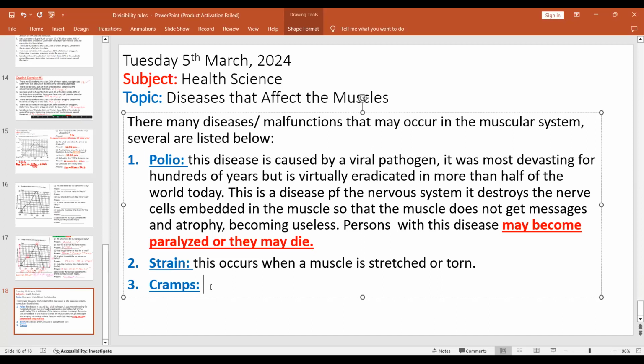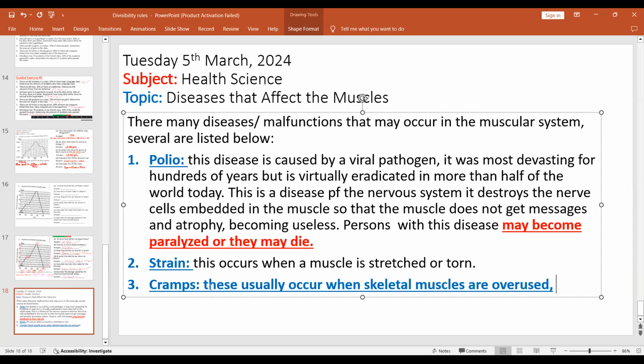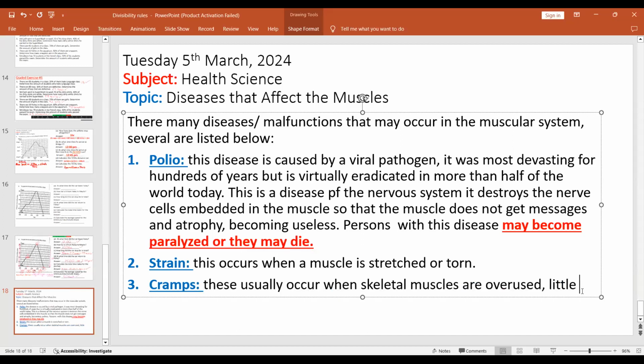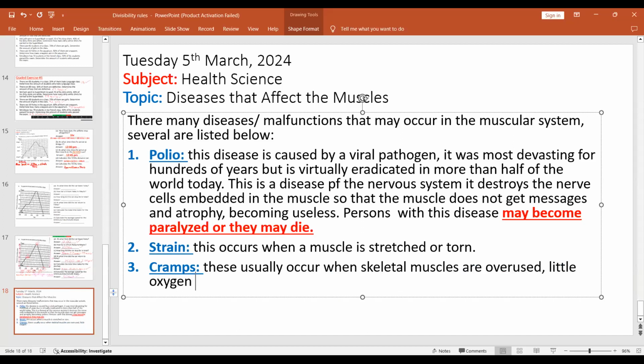So cramps usually occur when skeletal muscles are overused, so little oxygen gets into the muscle, inhibiting respiration.